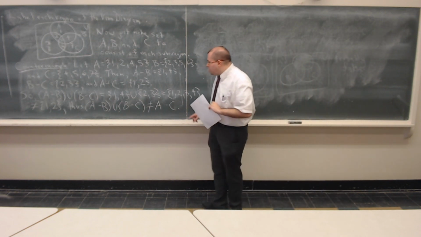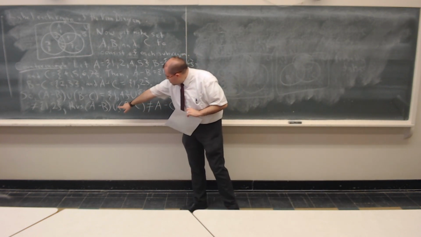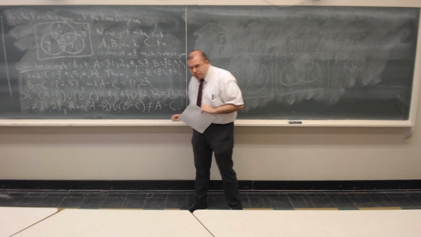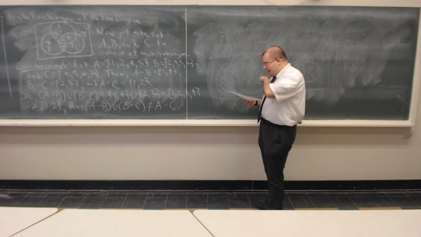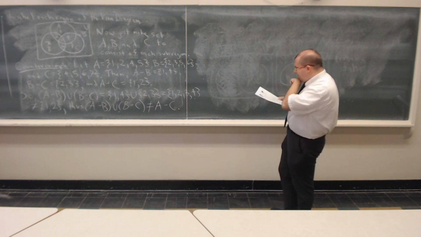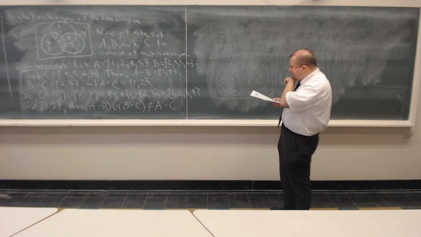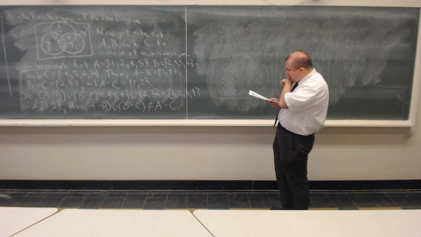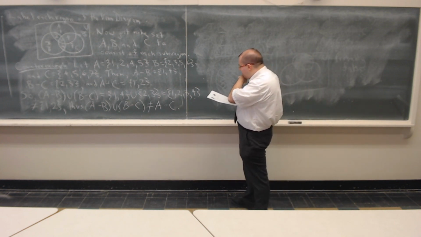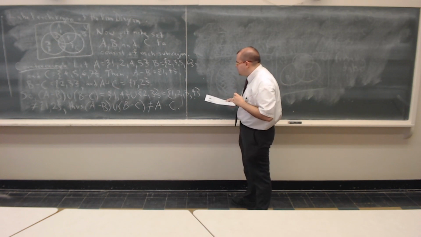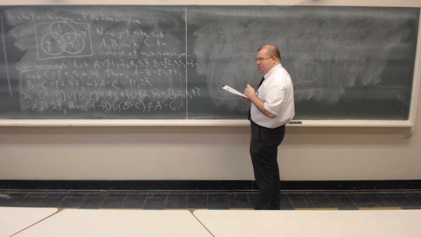Notice that both of these here are B. I would like to have it so that the left-hand side has an element in it, and the right-hand side does not have anything in it. So maybe there's a way I can do that.